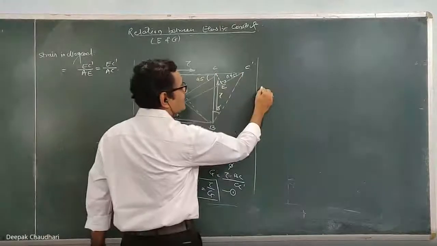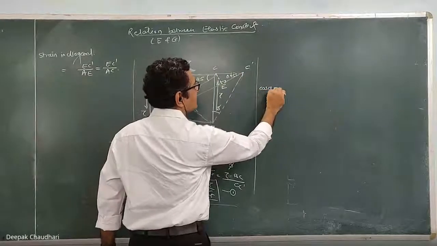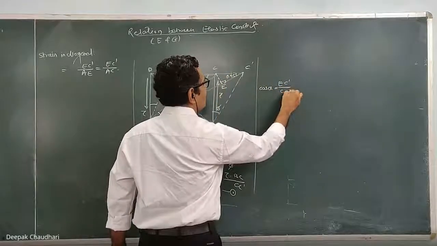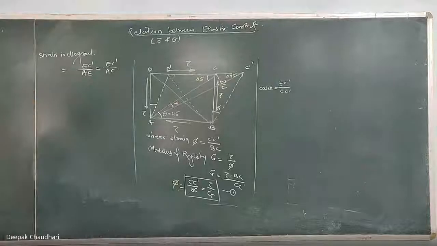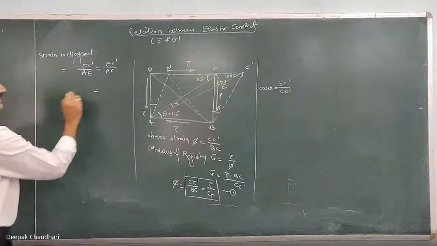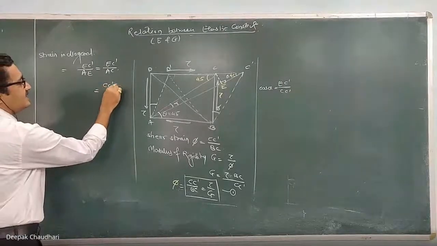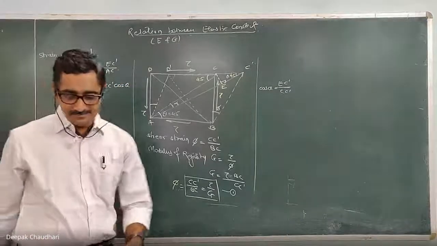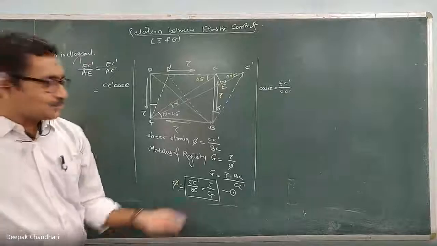So I have to use the cos relation: cos theta equals adjacent side EC dash upon CC dash. So EC dash can be written as CC dash into cos theta, or cos 45, which is 1 upon root 2.